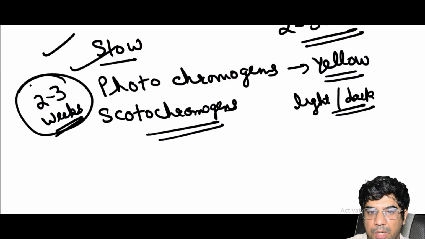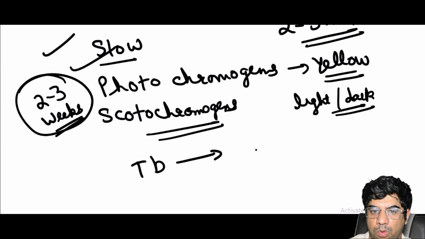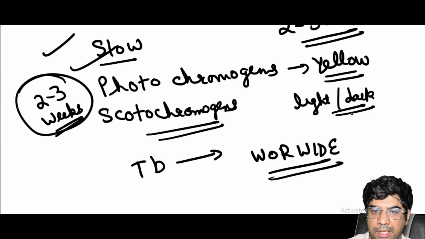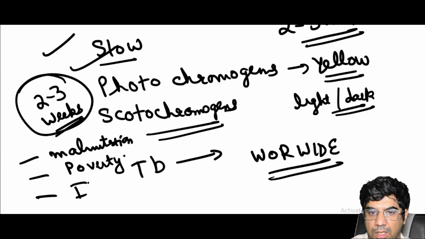Now let us discuss the incidence and the HIV associated tuberculosis. We know that tuberculosis is the most common disease in the developing countries. The factors that increase its incidence may be malnutrition, poverty, and patients who are immunocompromised.